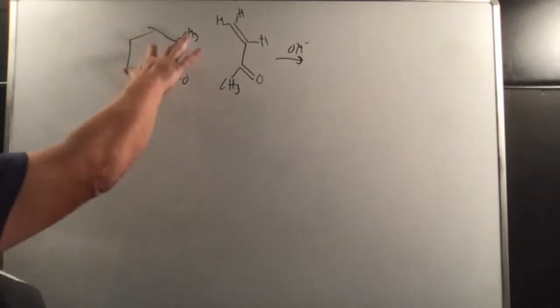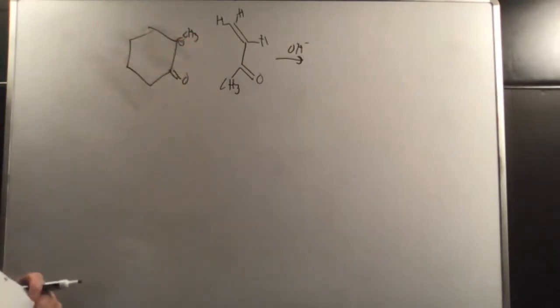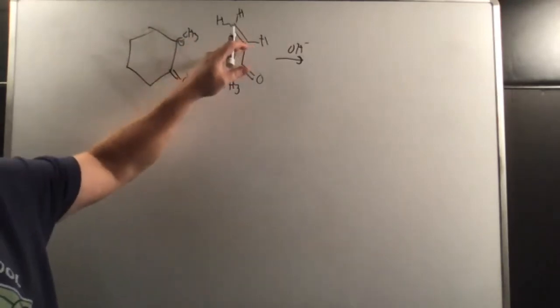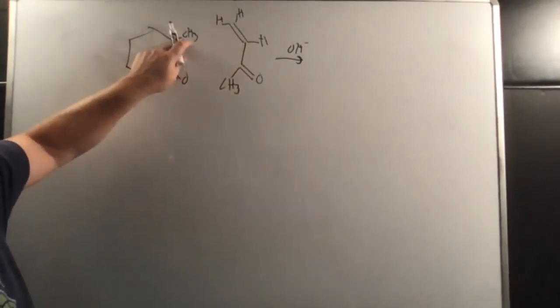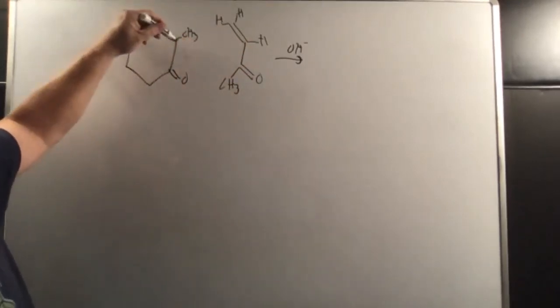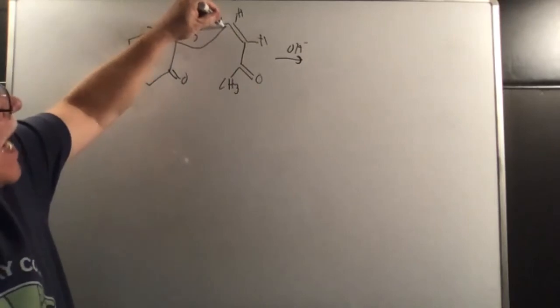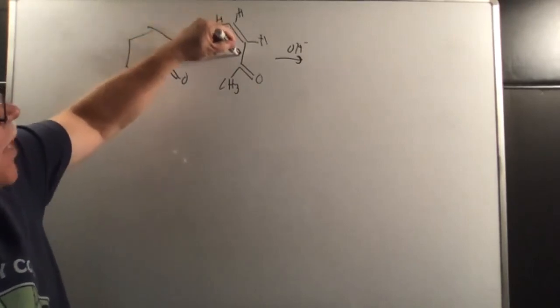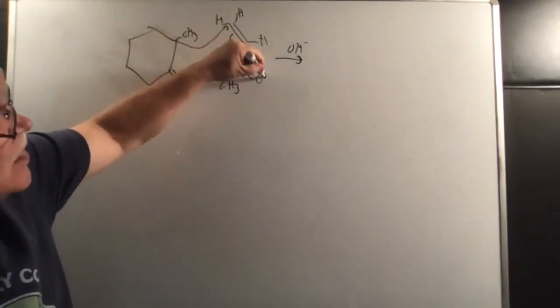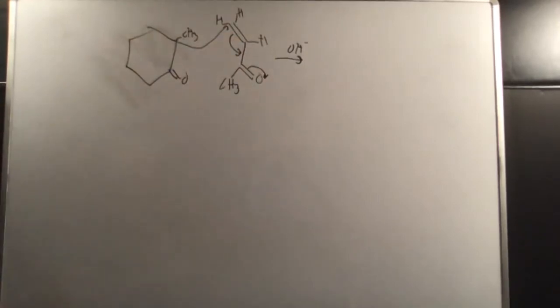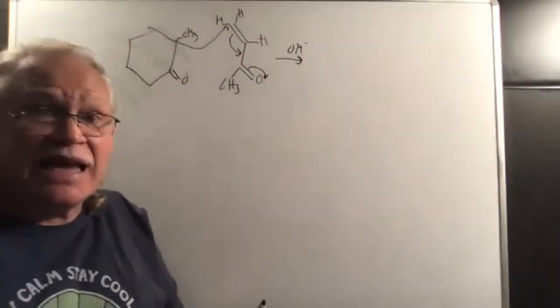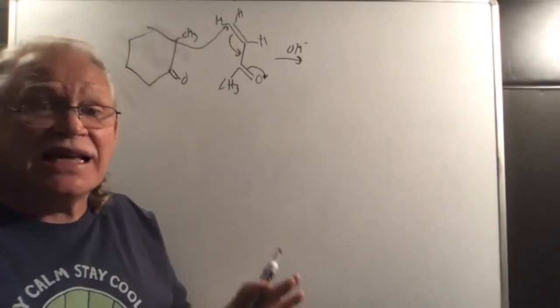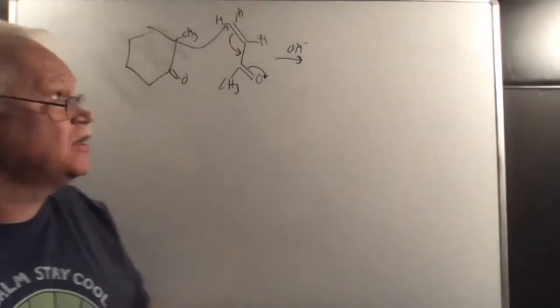Now notice this is a nucleophile. It's going to do a Michael addition. So notice what happens. This attacks here, kicking this pair of electrons down and this pair of electrons out. That's exactly the same thing. So the second step is a Michael addition.